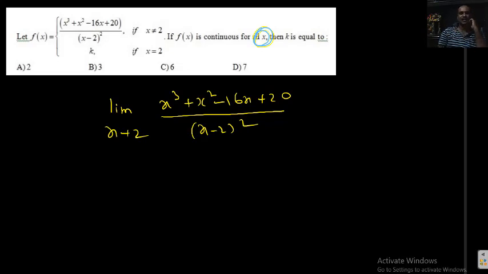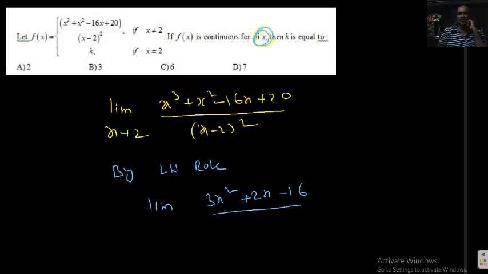So I want to use L'Hopital rule now. By L'Hopital's rule, the limiting value of this is 3x square plus 2x minus 16 by 2 times of x minus 2, as x is tending to 2. Again put x equal to 2, 0 by 0 form only.